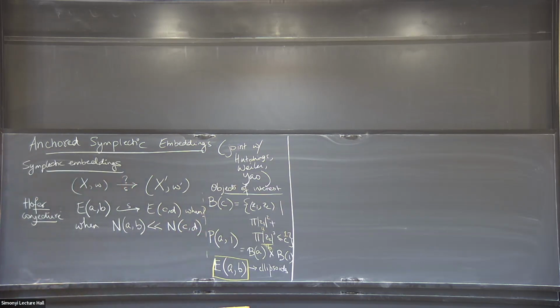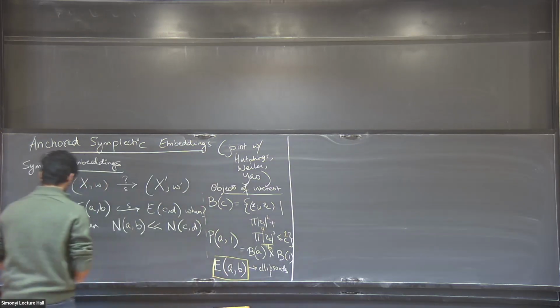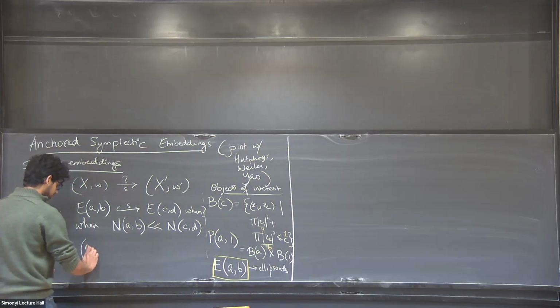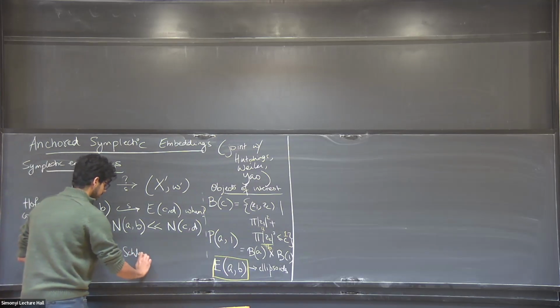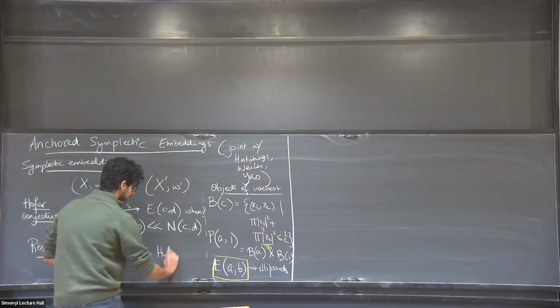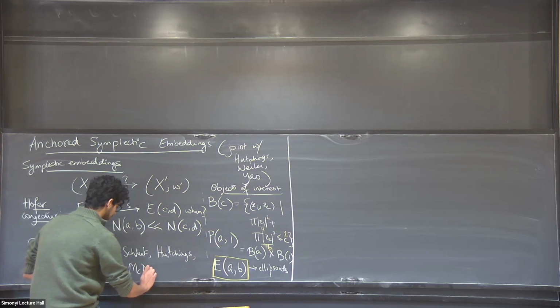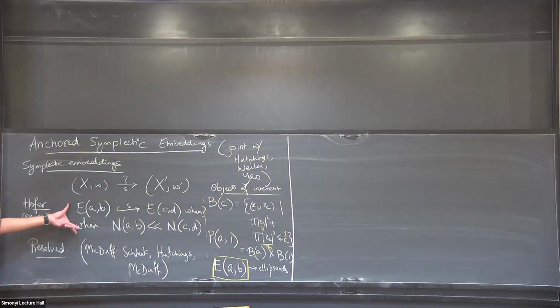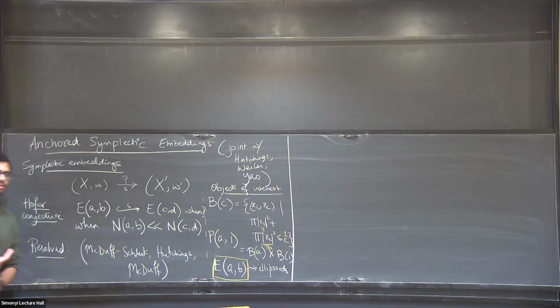I won't define what this number theoretic condition is, but it was resolved by work of McDuff and Schlenk and Hutchings. And then finally, McDuff said that this is exactly true, that when this number theoretic condition is met, ellipsoids embed inside each other.